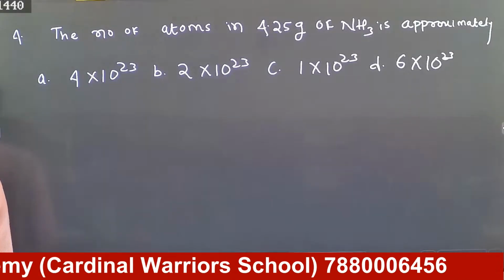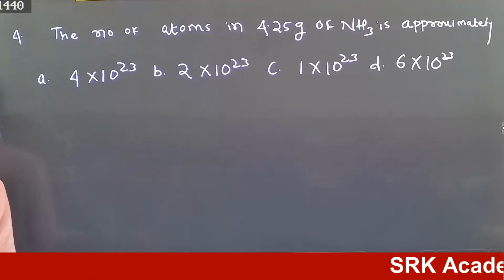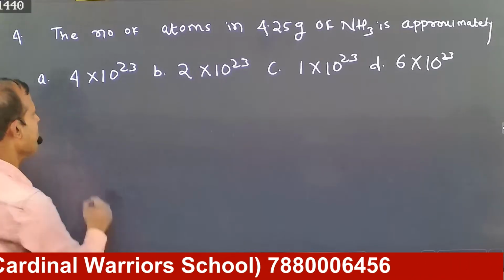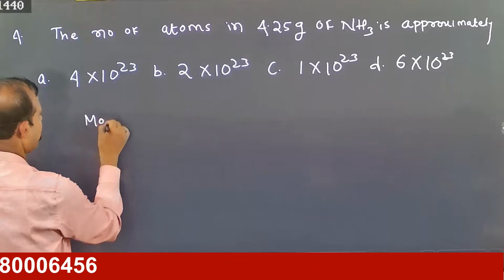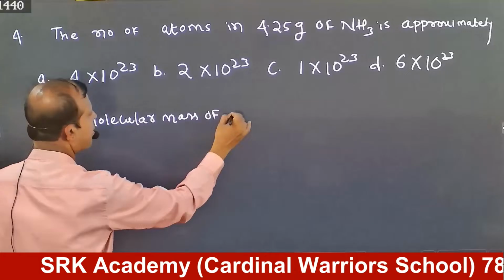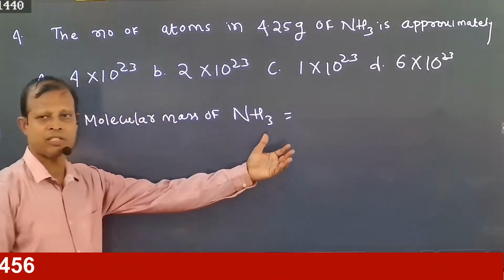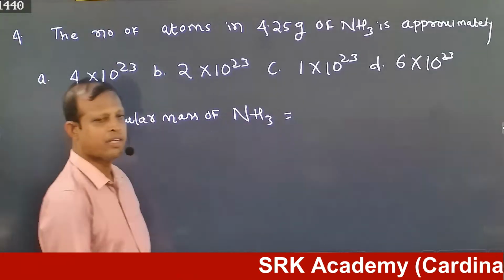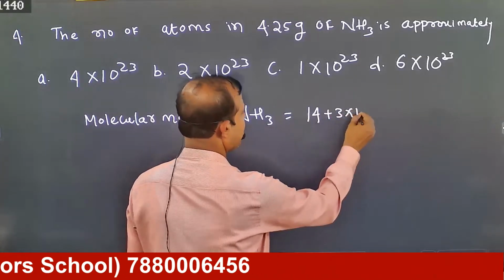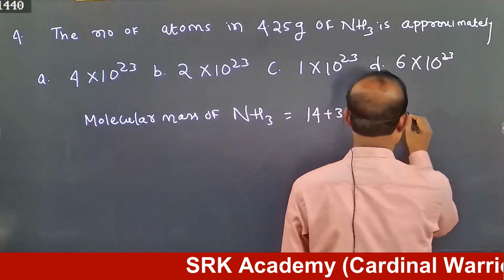First you have to find out the number of moles of ammonia. What is the molecular mass of ammonia? The molecular mass of NH3: nitrogen 14, hydrogen 3 into 1, becomes 17 gram per mole.